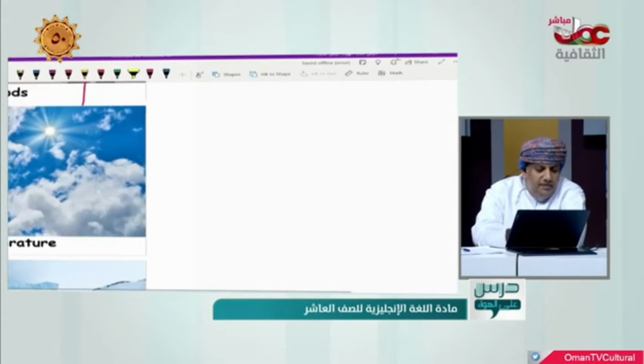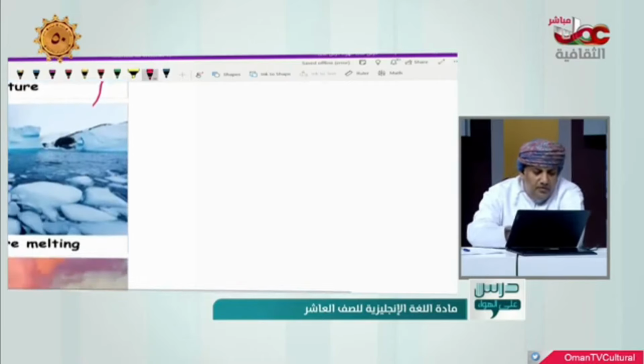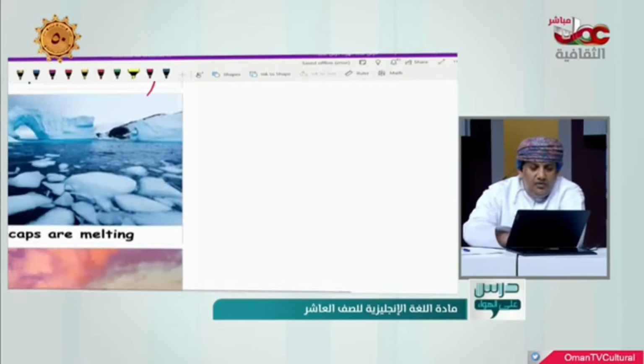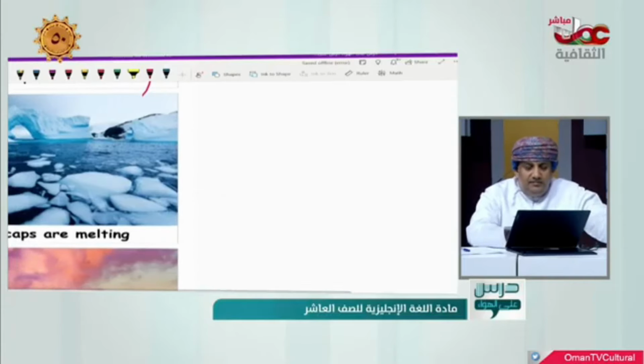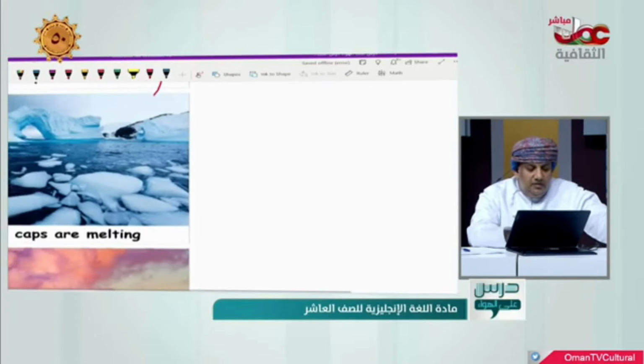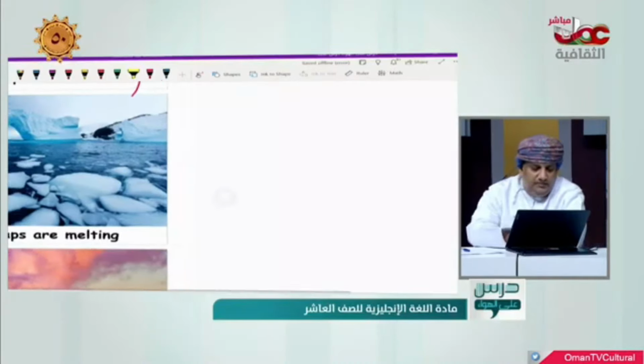So I want you to remember the pictures with their words. Here also we have ice. Ice caps are melting. So here the ice is changing to water.